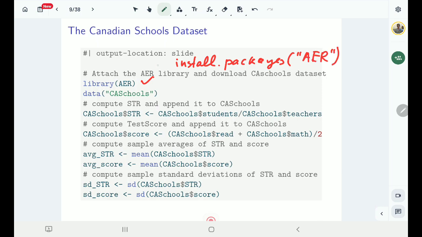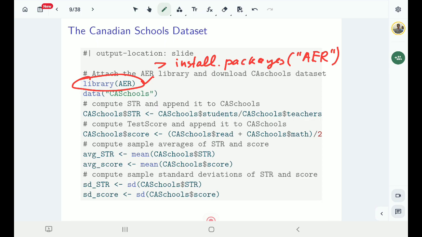That is the command that you have to run so that this call could work properly. If the call doesn't work properly, it means that you have not installed this package. So make sure that you have this AER package installed on your local computer.